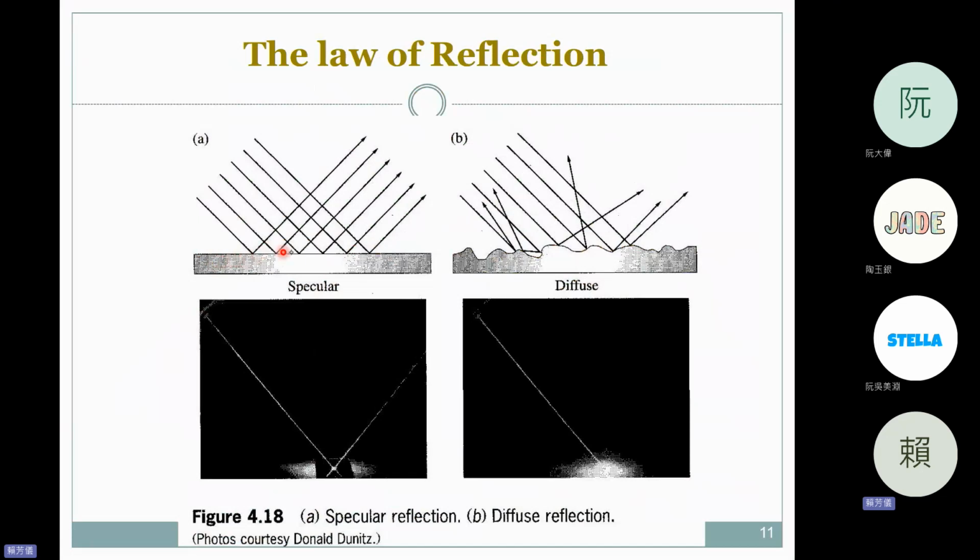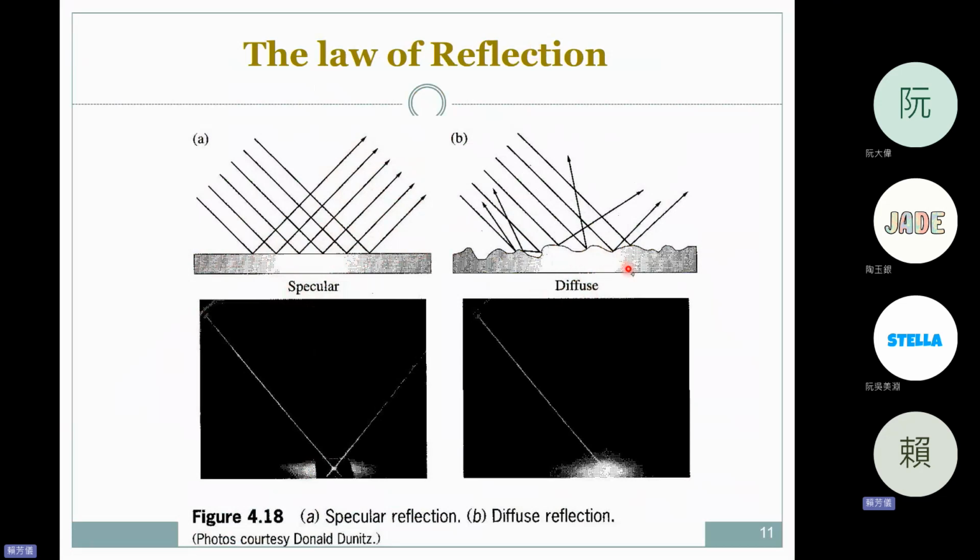If the surface of the interface is very smooth and very flat, you will see this kind of situation that we call specular reflection. The example is when you look at a mirror, you can easily see a clear image in the mirror. This is specular reflection.